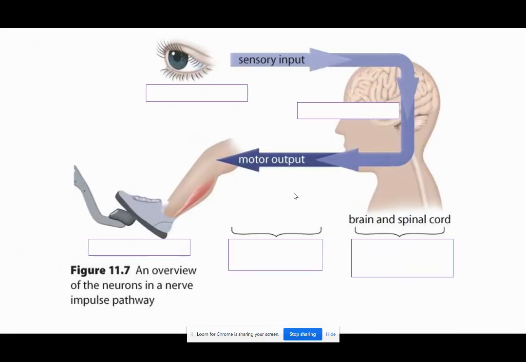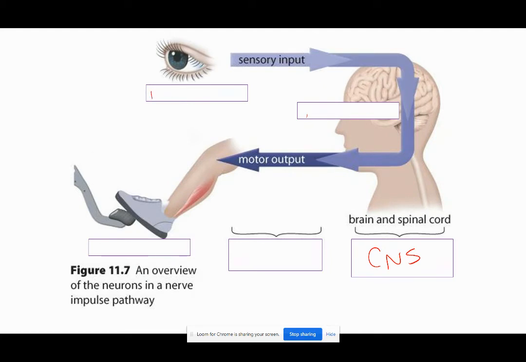So, for example, in this diagram here, you have our two main branches of the nervous system. You have the CNS, which is your brain and spinal cord. You have your integration center here, so this is where you're getting integration and processing.